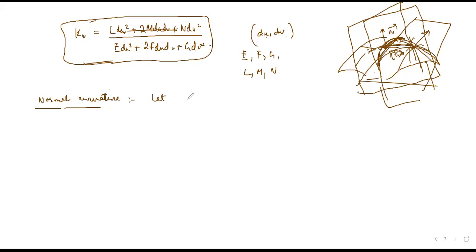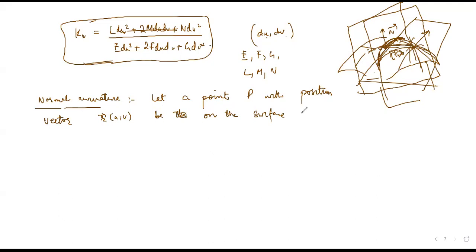Now let point P with position vector r(u,v) be on the surface r = r(u,v).